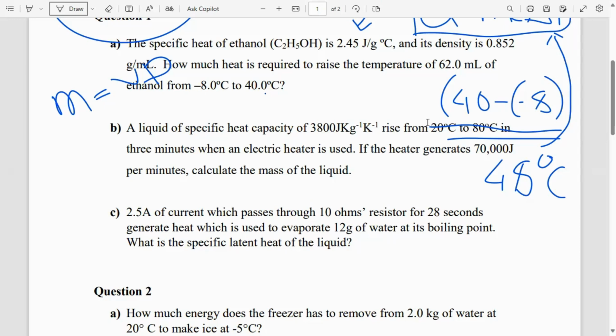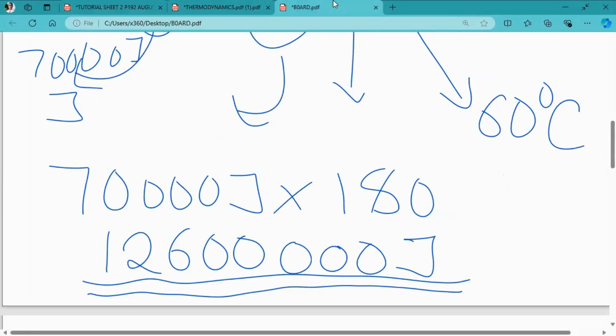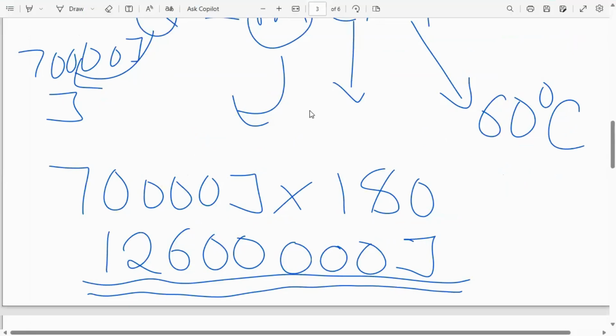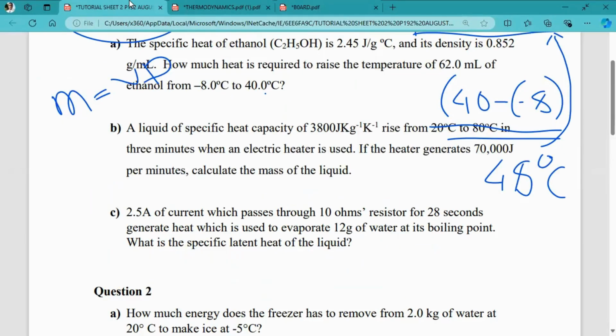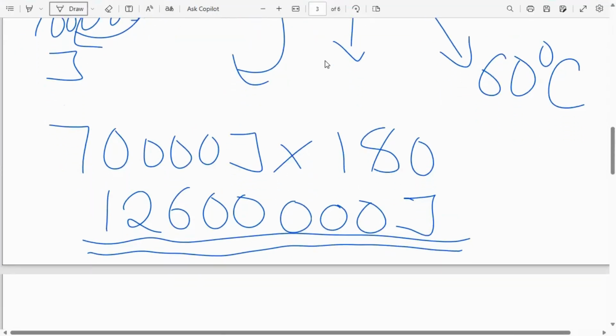So 353 minus 293 is giving me the same 60 Kelvin. So we are going to use 60 Kelvin instead of degrees Celsius. Okay, so now the question has even become much simpler.